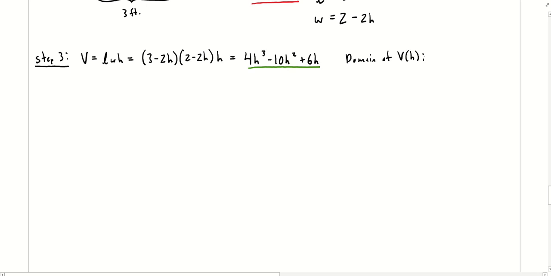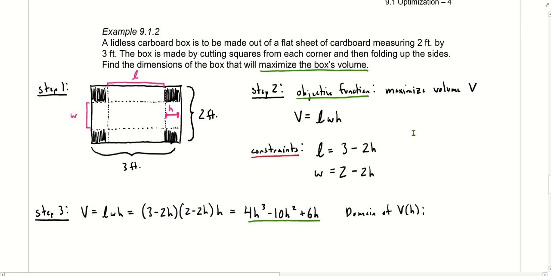And if I think of my domain here, well, what values could h possibly be? Well, the smallest that h can be is 0. I'm not saying anywhere in this question that I have to have a volume that's greater than 0. I just want to maximize the volume. So technically I could have a value of h that's 0.